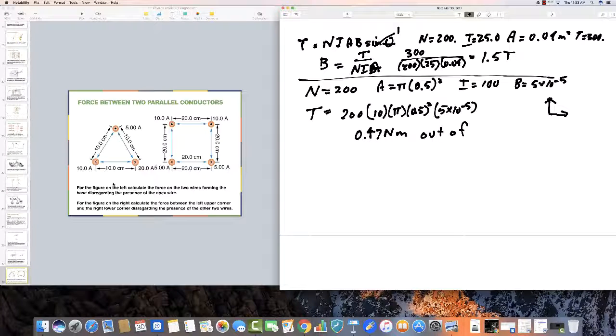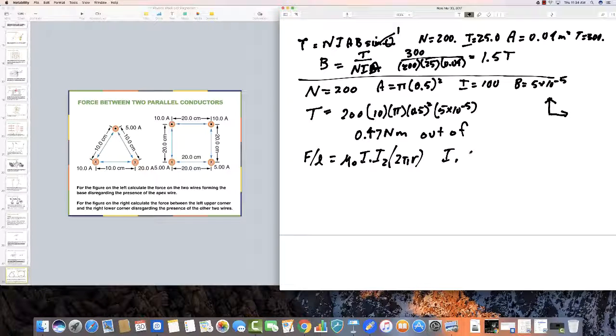And you have to use vector addition in order to do that. But let's just do this as an example. We have force per length is equal to mu 0 I1 I2 divided by 2 pi r, where r is the distance between the two.